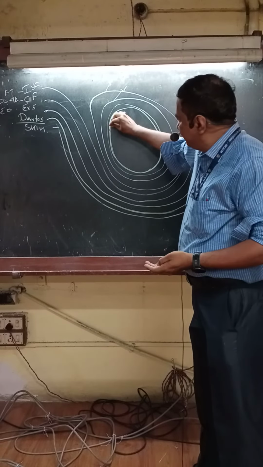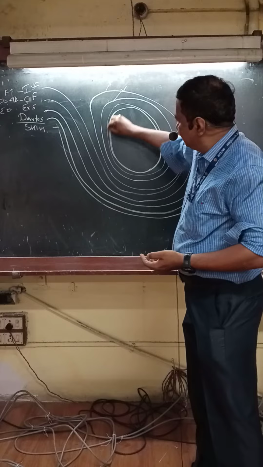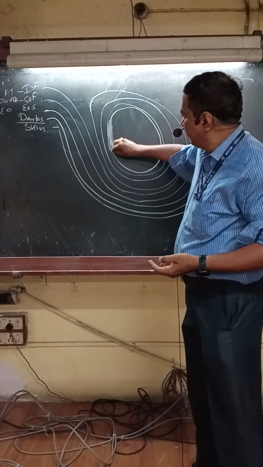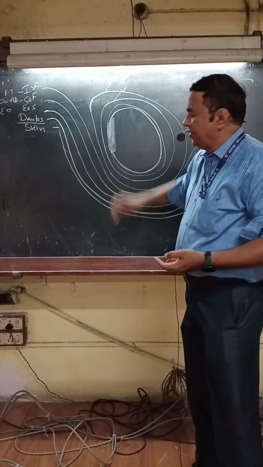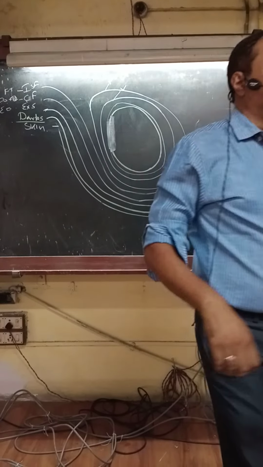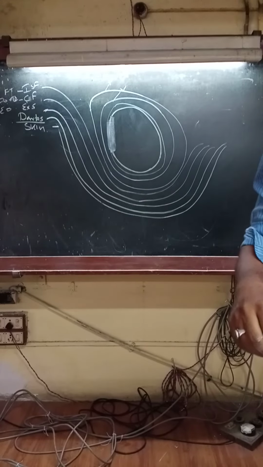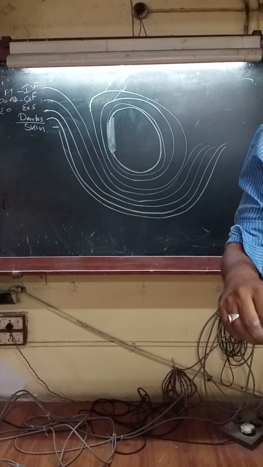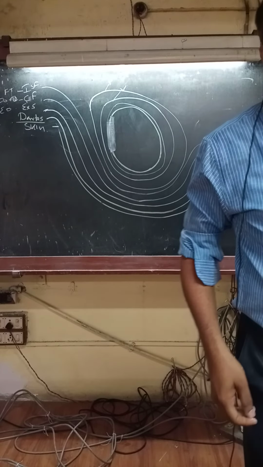This tunica albuginea thickens along the posterior side. The thickening of tunica albuginea along the posterior border of the testis is called mediastinum testis.